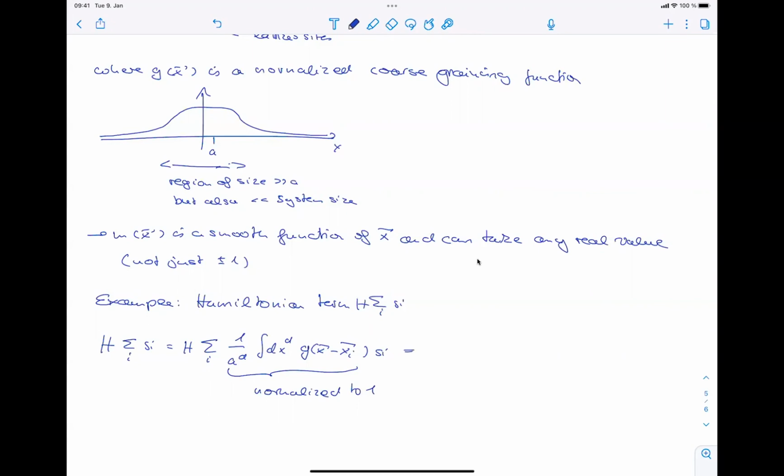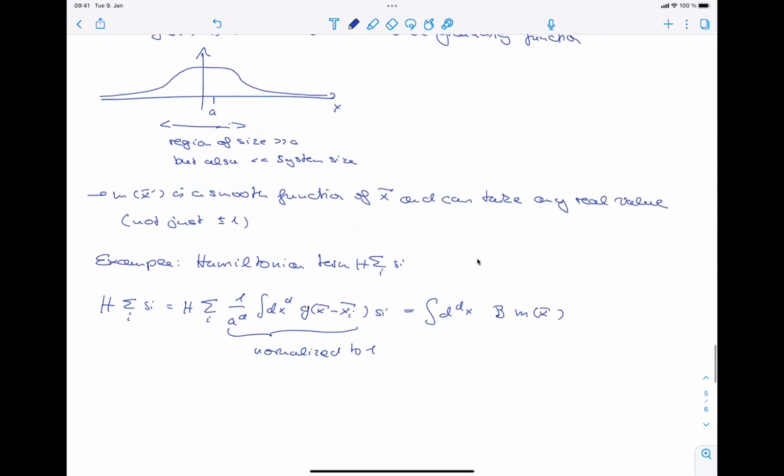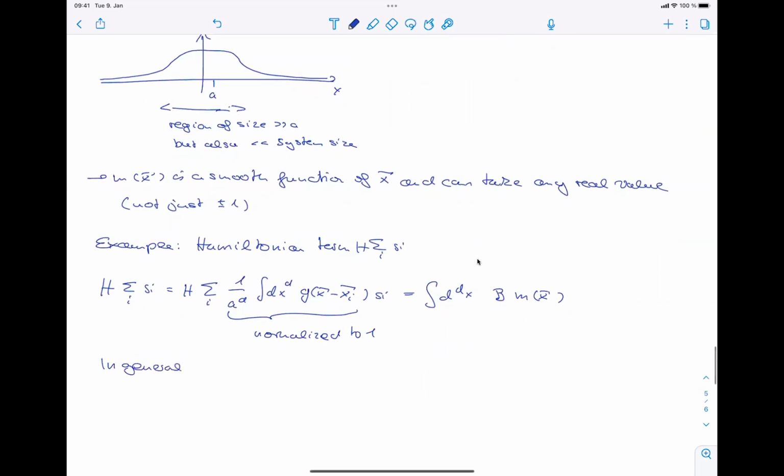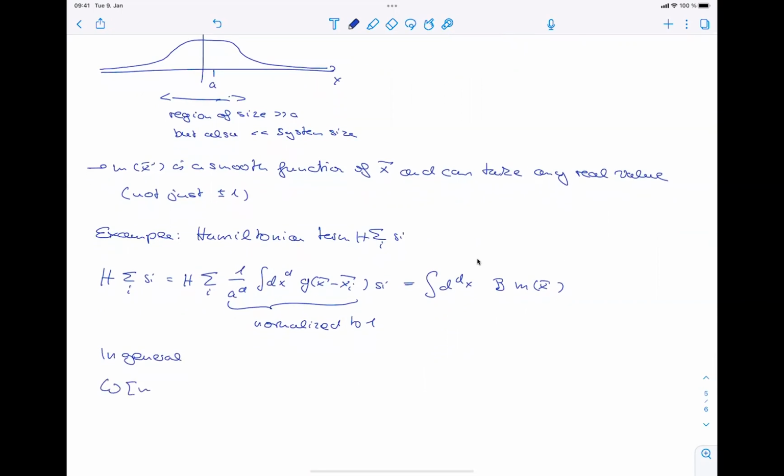And then for the paramagnet, this would give me a function b times the magnetization.